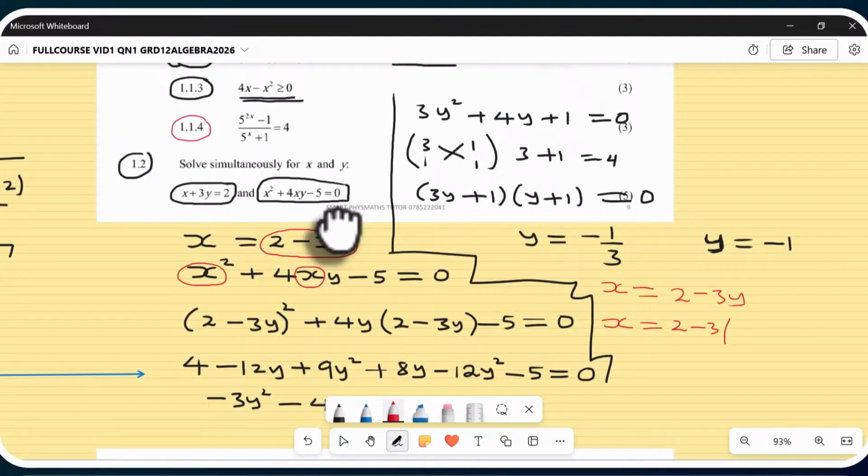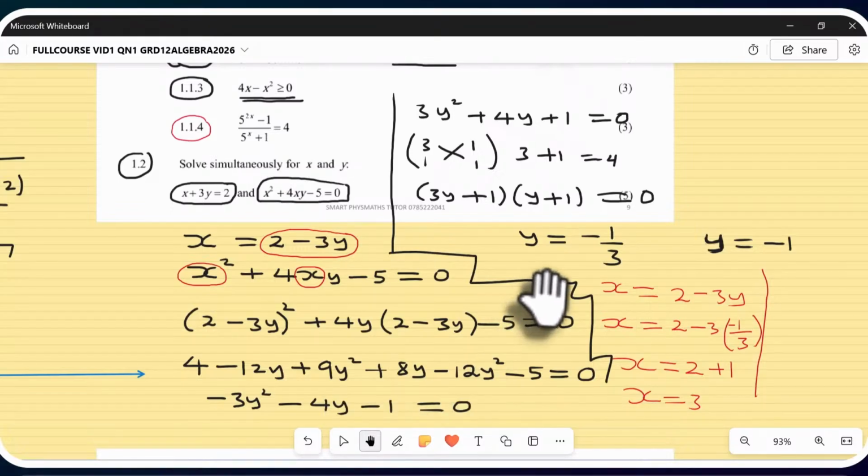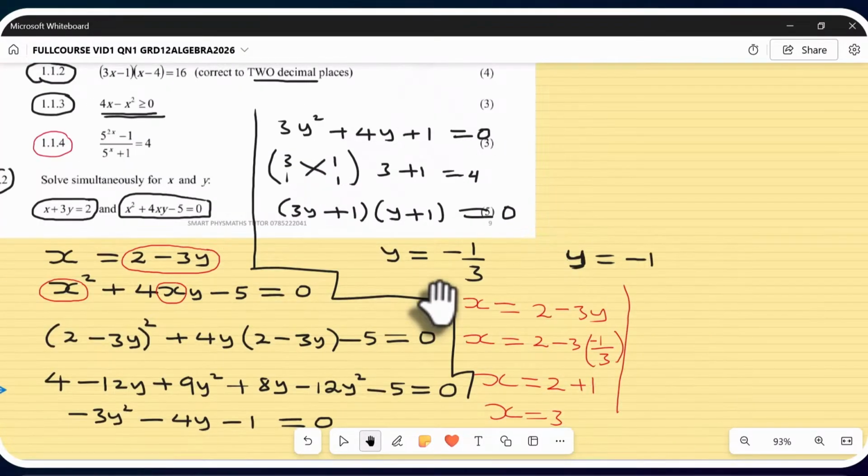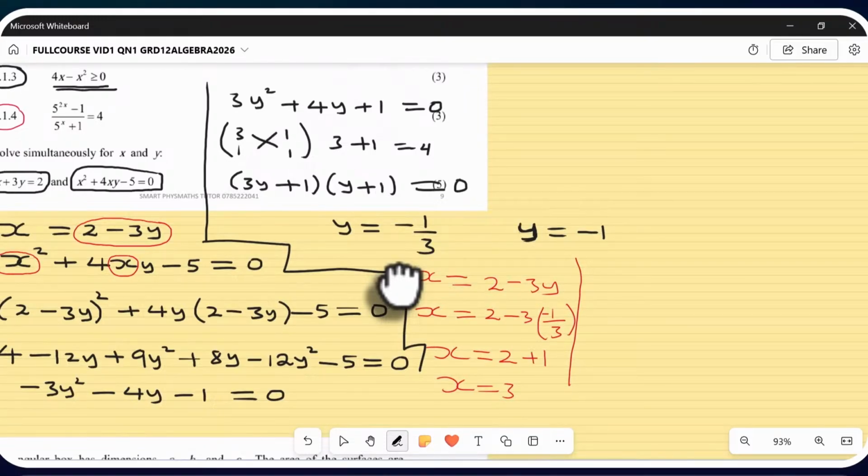So x equals 2 minus 3 times negative 1, which is 2 plus 3, giving us x as 5. Hope we are together. So the answers we have here are x equals 5, x equals 3, y equals negative a third, and y equals negative 1.